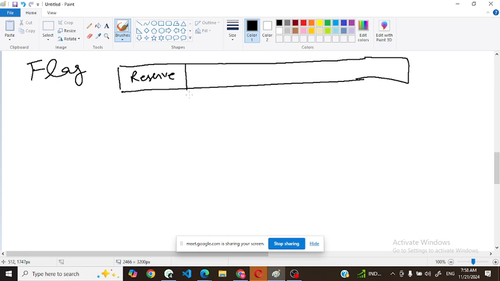Second one is don't fragment. And third one is more fragment. How many flags in the IP header? Subhajit, 8. What are those flags?